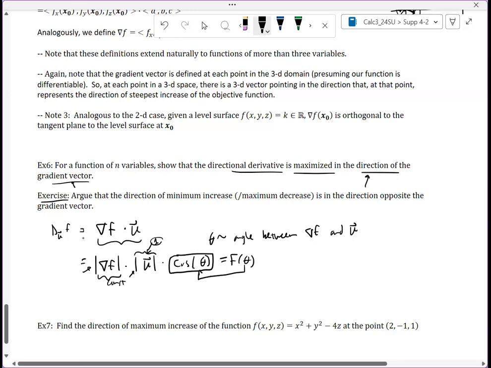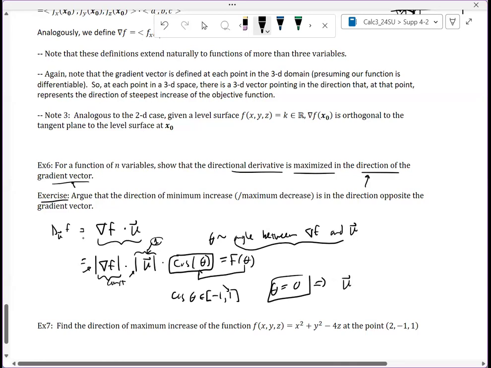So the directional derivative is going to be maximized when cos of theta is maximized. But cos theta is between -1 and 1, so cos theta is maximized when it's equal to 1. And that's whenever theta is 0. But theta 0 says the angle between grad f and u is 0.